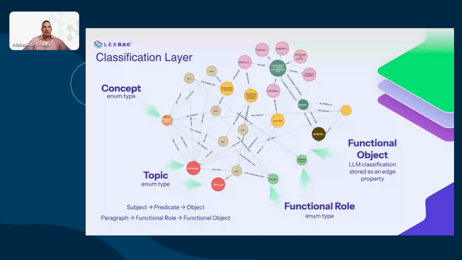So if you're searching for a particular concept, you will get not only one particular node, but also other nodes which are not directly mentioned in the vector search or in the semantic parts of the graph and so on.